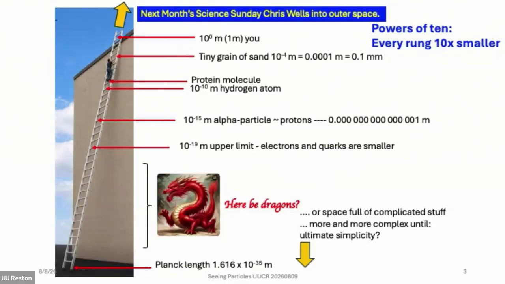Some rungs further down the ladder is a protein molecule, which is, of course, many atoms together in a complicated molecule, which is perhaps 10 times bigger in linear dimensions than the hydrogen atom itself, which is about 10 to the minus 10 meters. And then 5 rungs further down, about 10 to the minus 15 meters, is an alpha particle, and about the size of protons, which are the nuclei of atoms.